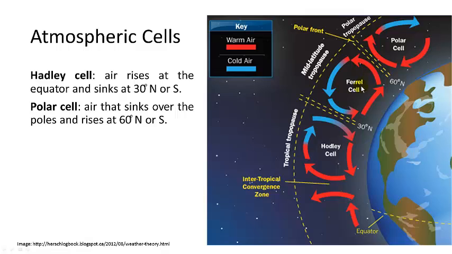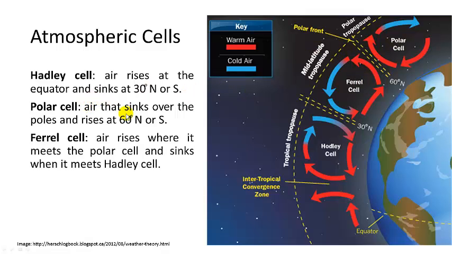Obviously not as warm as the tropics, but relative to the polar air, it's warm, and we get another cell that's formed in this mid-latitude area, this Ferrel cell. It's probably the least well formed of this overall system. It tends to be a bit parasitical, in that it draws its energy from the other cells to a certain extent, and it's also strongly mixed by various other processes.